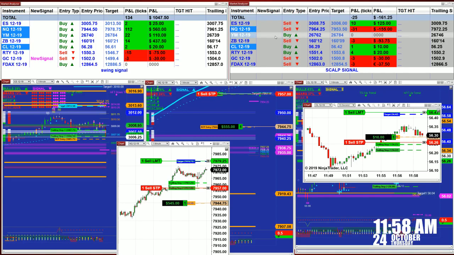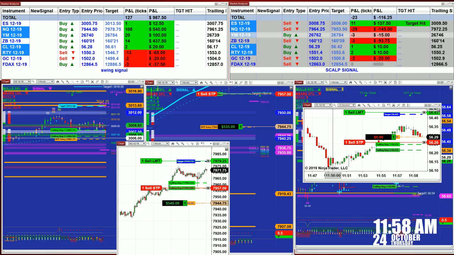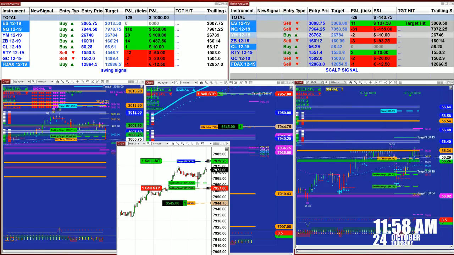So okay, the ES is about to hit target. Target hit on the ES, 11 ticks, $125. And we can sit down all day long with that. It is enjoyable. That's what I want to know. It is enjoyable, and it is a no-brainer to deal with.